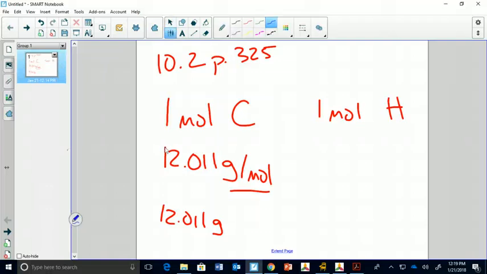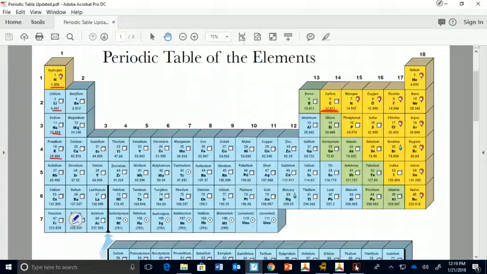Same thing if I go over to hydrogen. That hydrogen, since it's a much smaller element, only just 1 proton and 1 electron, it has a mass of 1.008. I kind of wrote over that a bit, sorry to not let you be able to see that, and maybe if I were to zoom in a bit more you would see that as well.